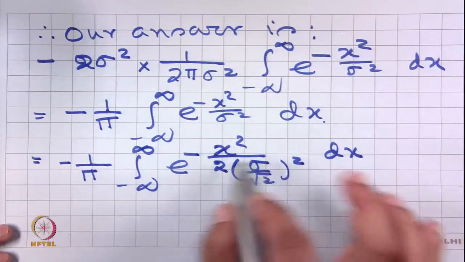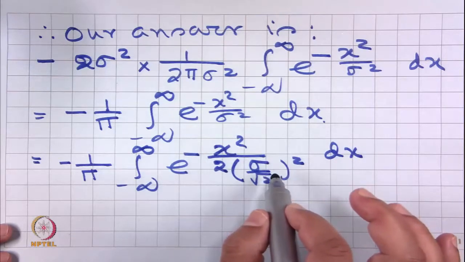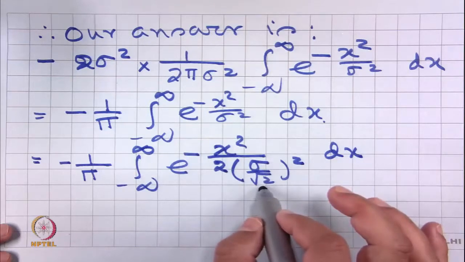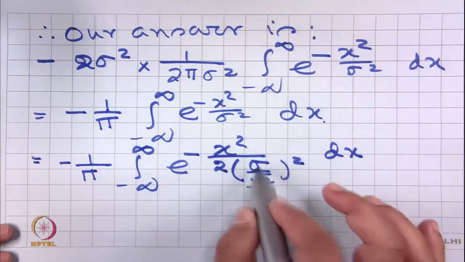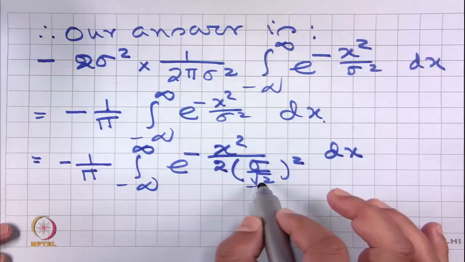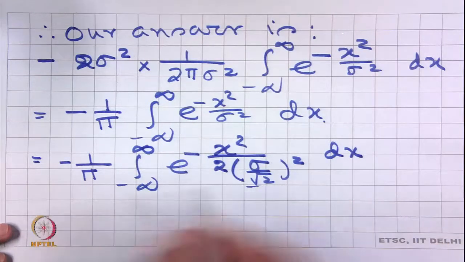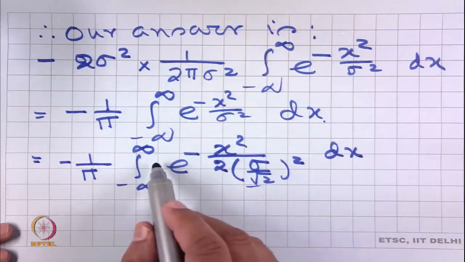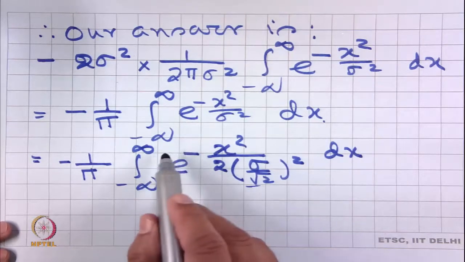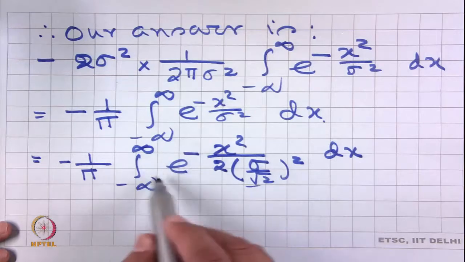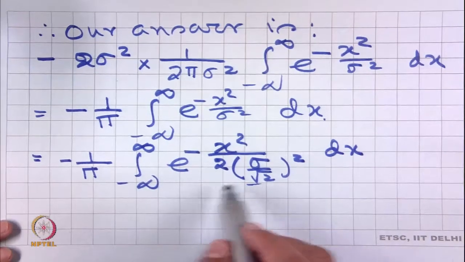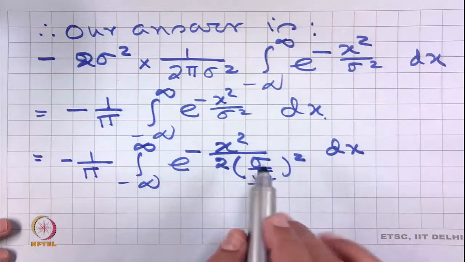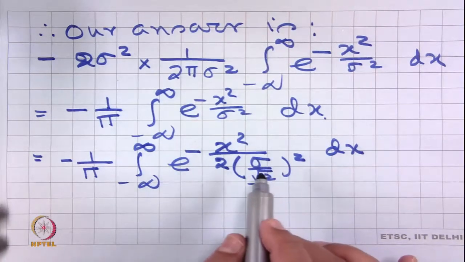Why did I do it? I wanted to bring it into the 2 sigma square form, and therefore I multiplied by 2 and divided by 2, and when I put it inside the square it becomes sigma over root 2. What is this? If we multiply it with 1 over root 2 pi sigma over root 2, then that is going to give me the density function of a normal distribution.